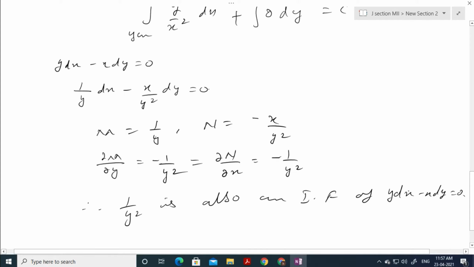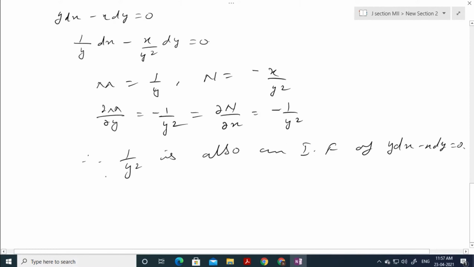Can anyone give me any other function? Can you think of any other function? Check with this one, 1 by x square plus y square.